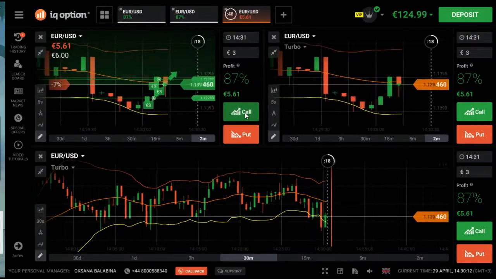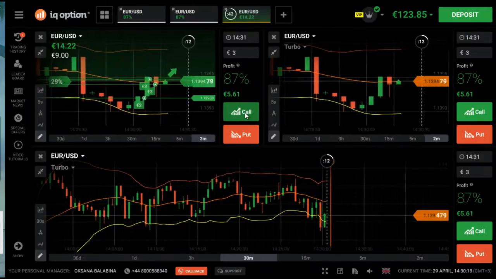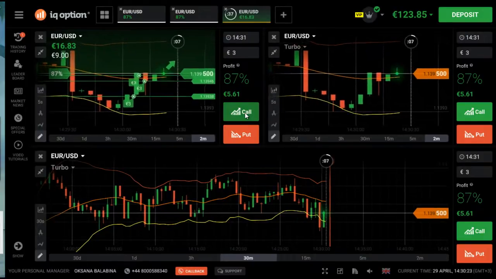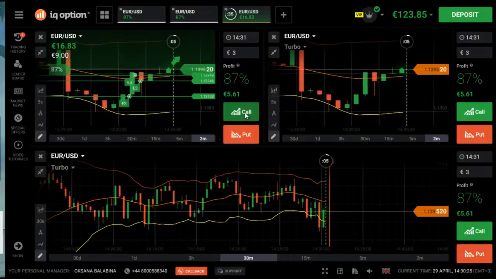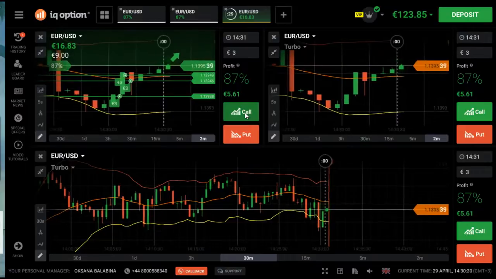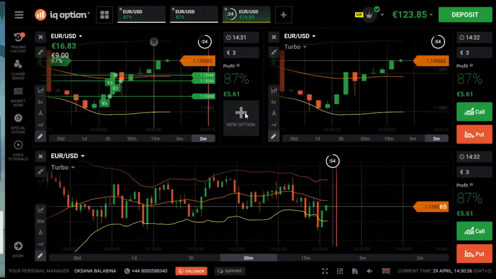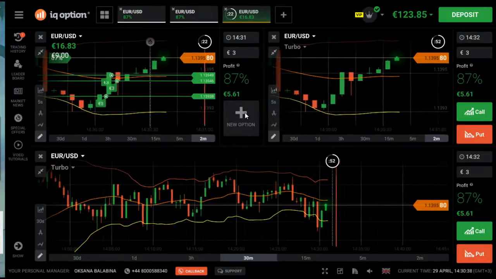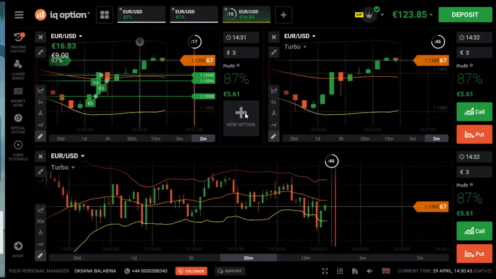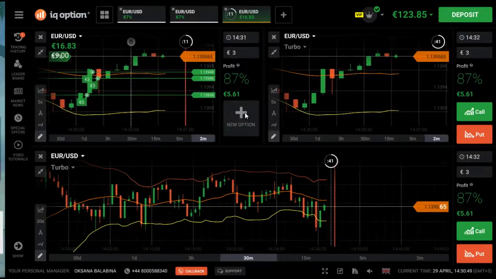So I placed the reversal on the first window. It's working.